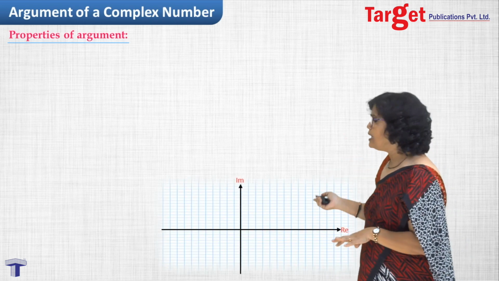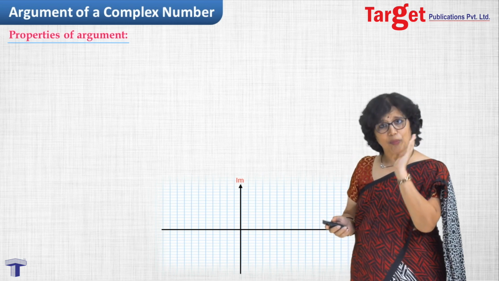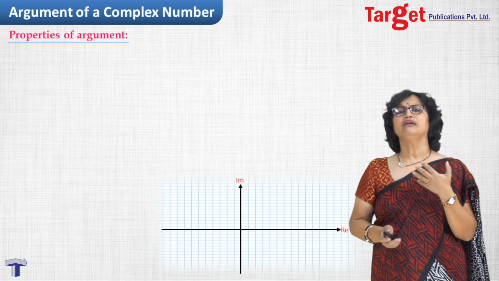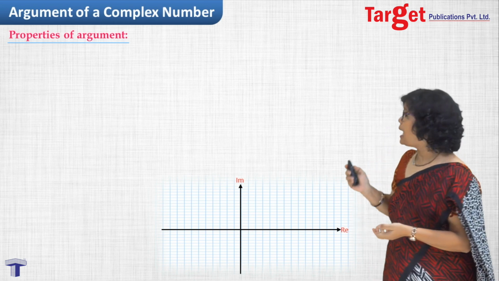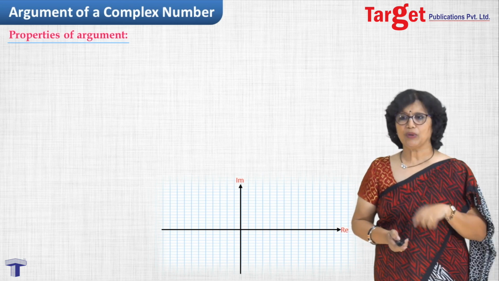Now, I have drawn a figure here, though I have not yet done the geometrical interpretation part, but when you see something in picture form, things are better to understand. So I am drawing the axes here and I am taking properties one by one.